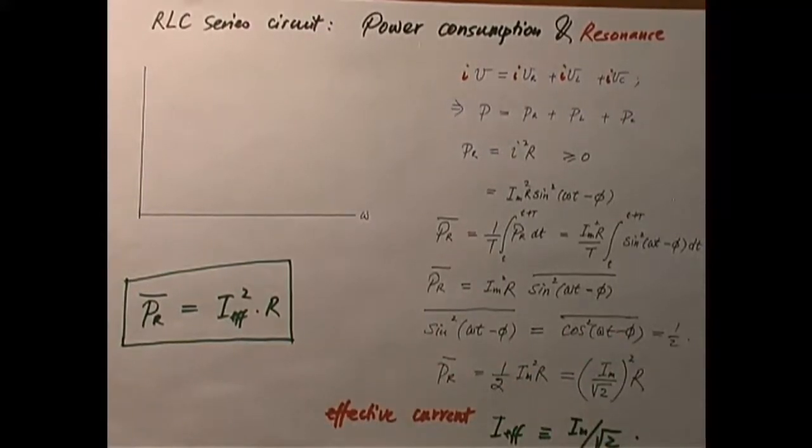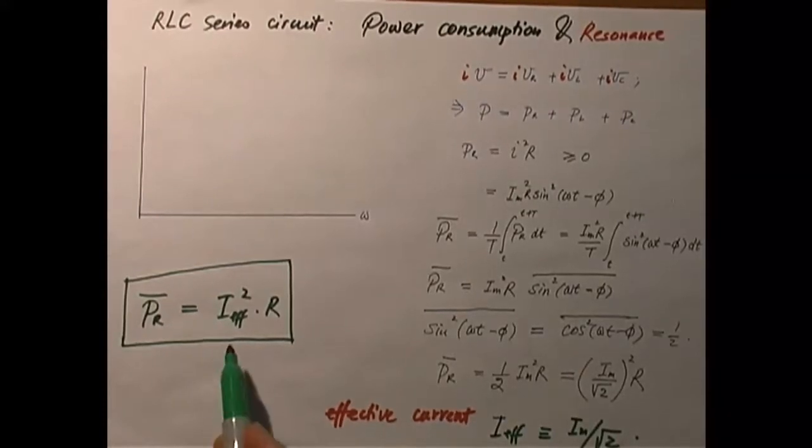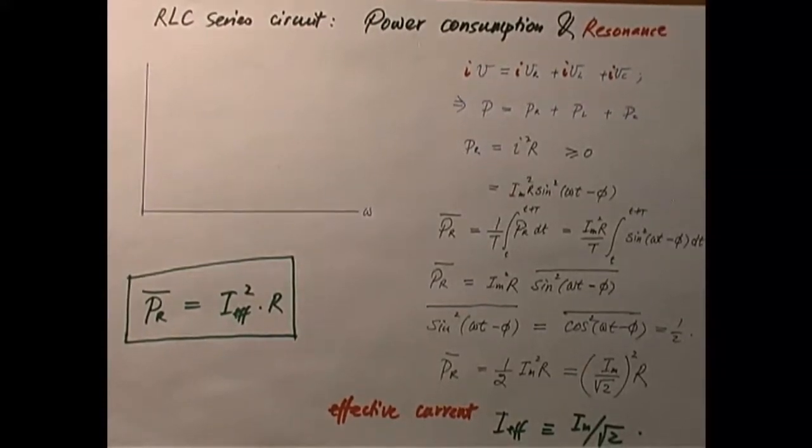In other words, with I effective introduced here, the average power in an AC circuit going through a resistor is the same as the power delivered by a current I effective over a DC circuit going through the same resistor. That way we can treat this AC circuit effectively as if it were a DC circuit as far as calculated average power is concerned. I don't have to worry about maximum, minimum value, 1/2, whatever. Just use I effective.